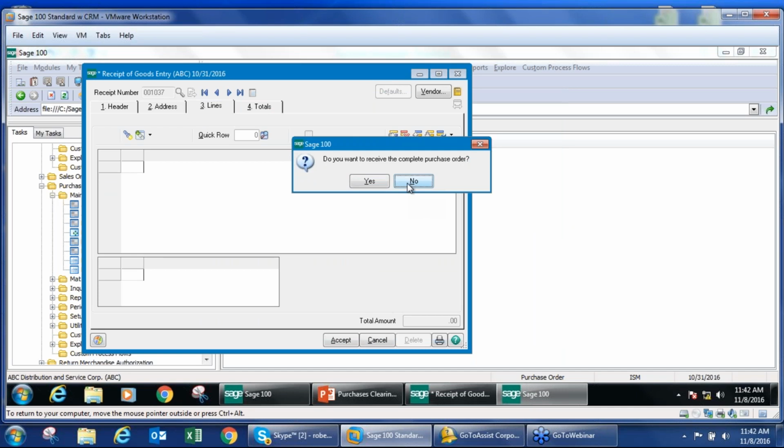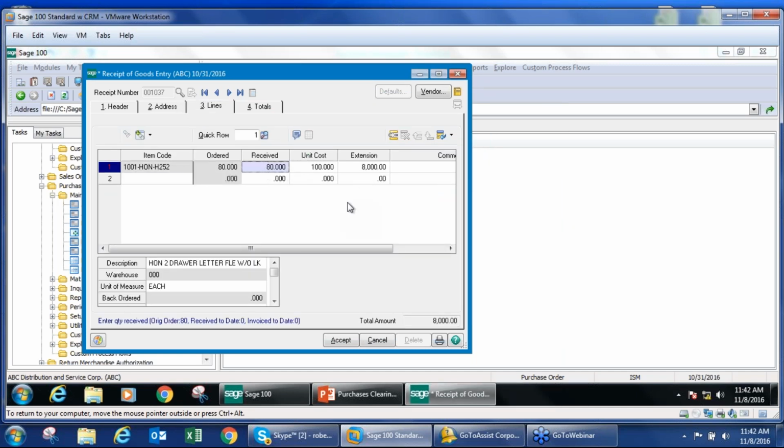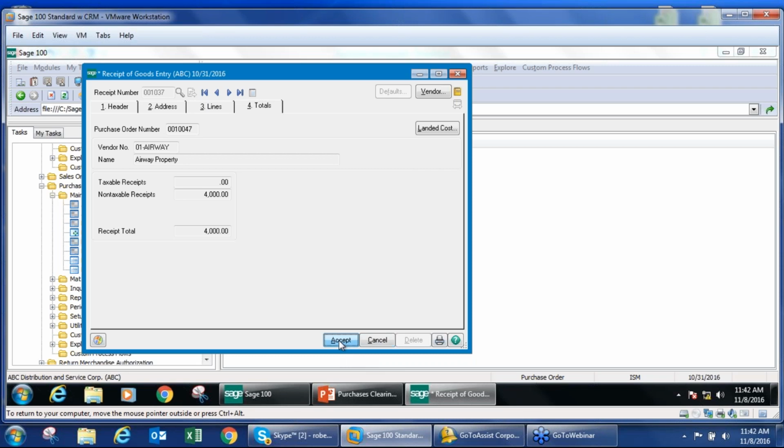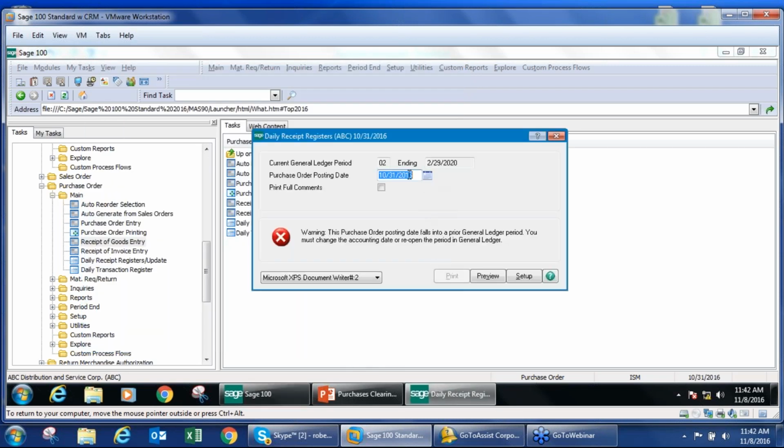It asks me, do I want to receive the complete PO? I'm going to hit yes. However, the vendor decided at this point they're only going to ship half of the order. So I'm going to do a receipt of goods for 40 units, and I'm going to print and post.